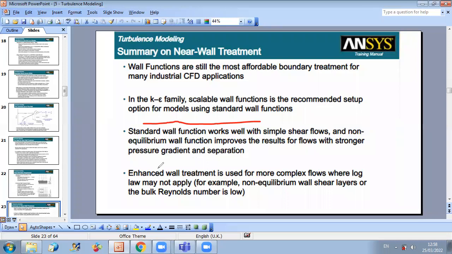So you have improvement of wall functions in case you have flows with stronger pressure gradient and separation issues. In addition, enhanced wall treatment is used for more complex flows where the log law may not apply. So for example, for non-equilibrium wall shear layers or in zones where the bulk Reynolds number is low.